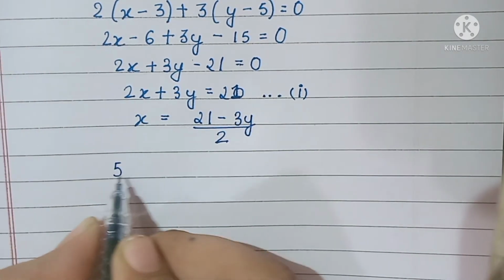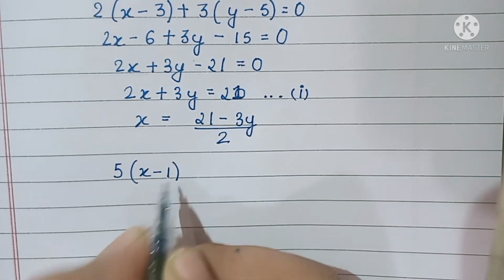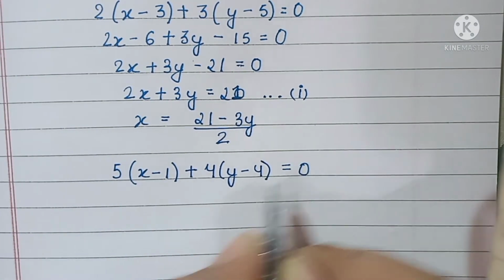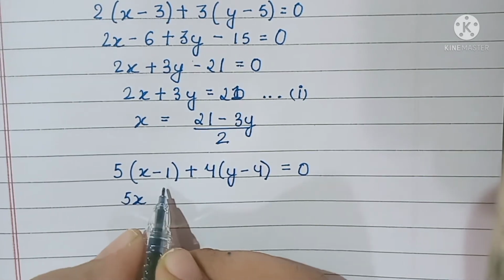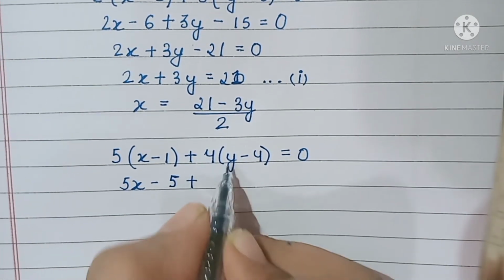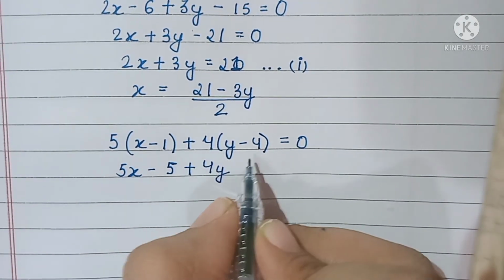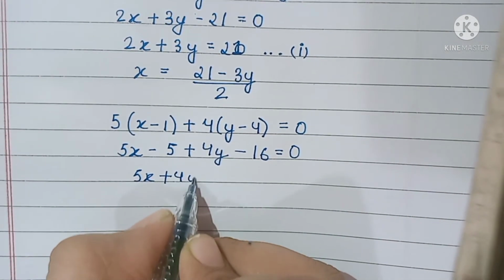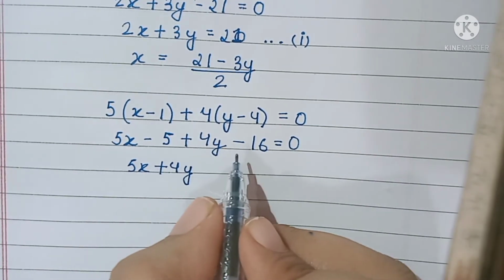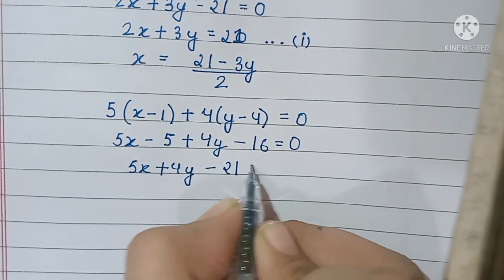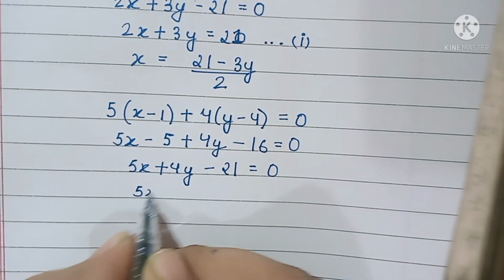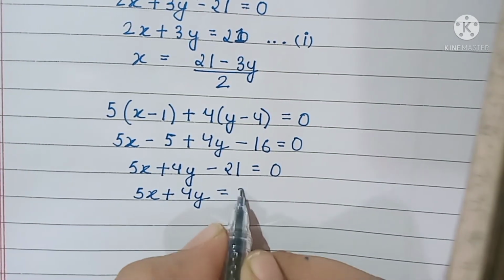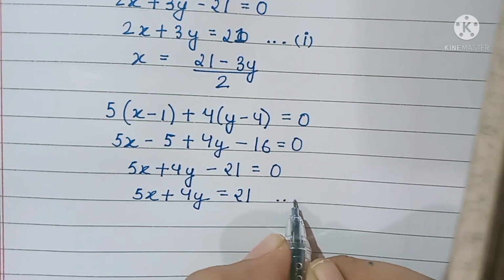We can write as 5(x minus 1) plus 4(y minus 4) is equal to 0. 5 into x is 5x, 5 into minus 1 is minus 5, plus 4 into y is 4y, plus 4 into minus 4 is minus 16 is equal to 0. 5x plus 4y minus 5 and minus 16 is minus 21 is equal to 0. 5x plus 4y is equal to 21, as minus 21 will go to that side in positive. So this is our second equation.